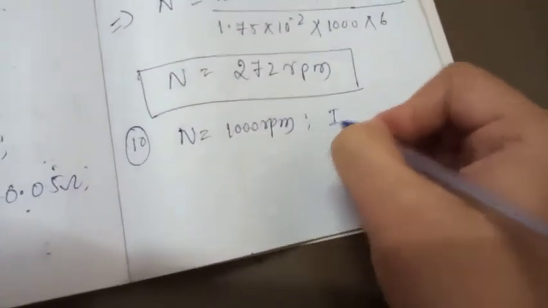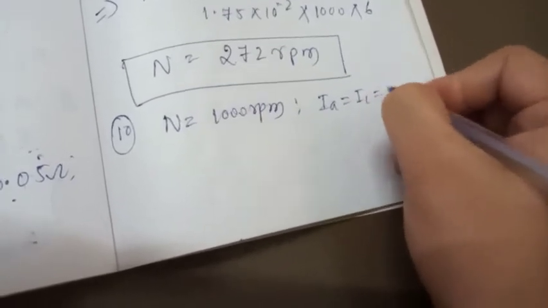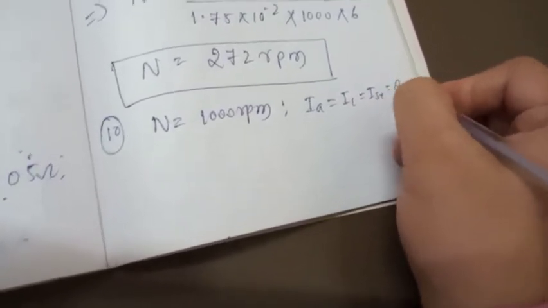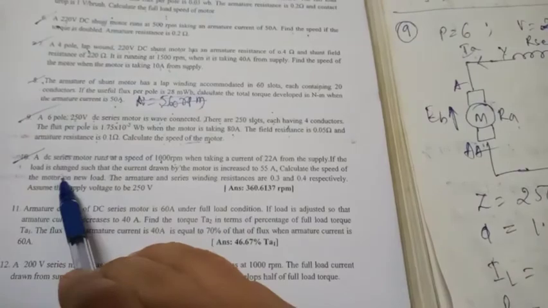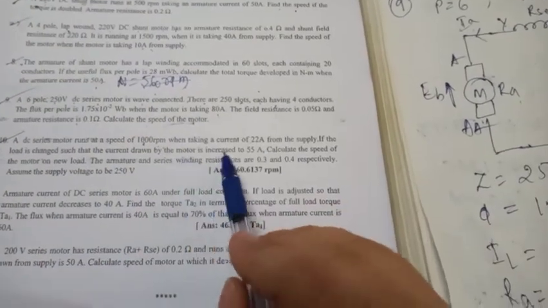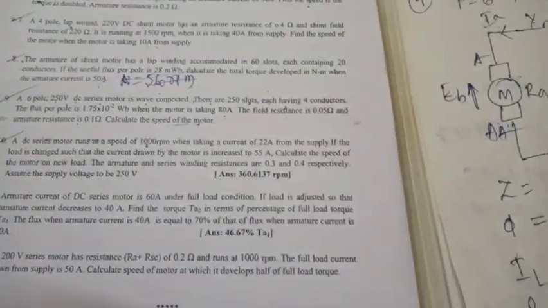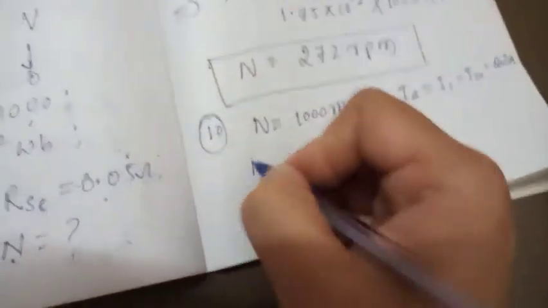So IA is equal to IL is equal to ISE is equal to 22 amps, because it is a series motor. If the load is changed such that the current drawn by the motor is increased to 55 amps.